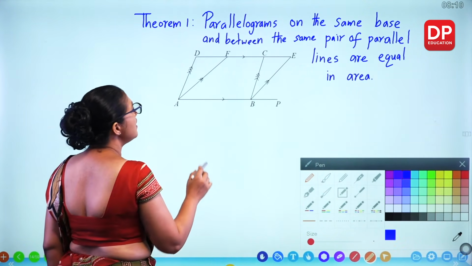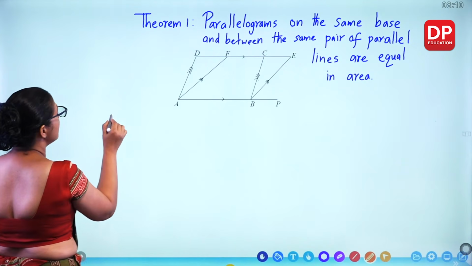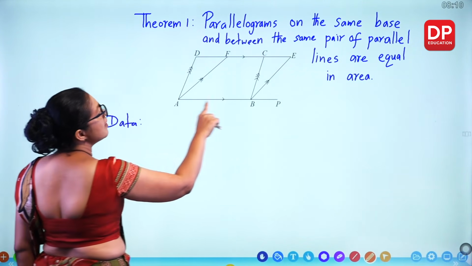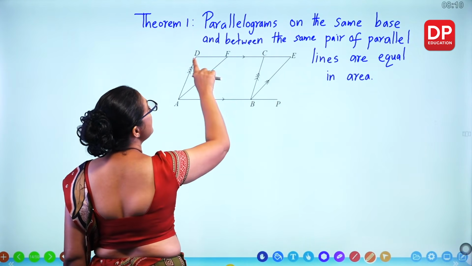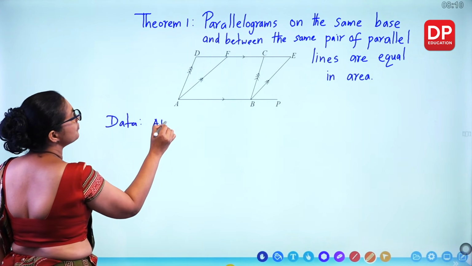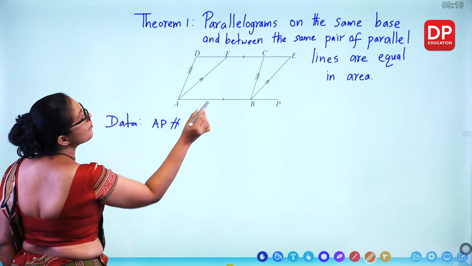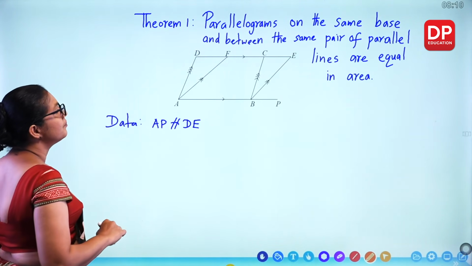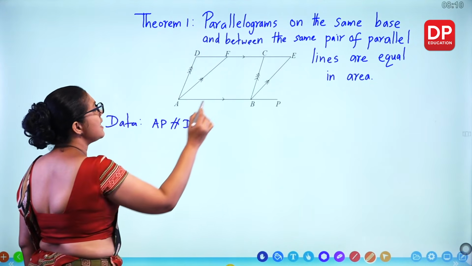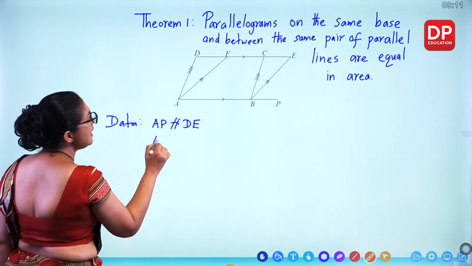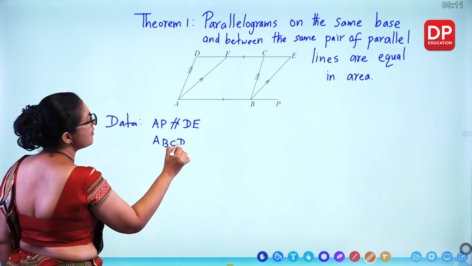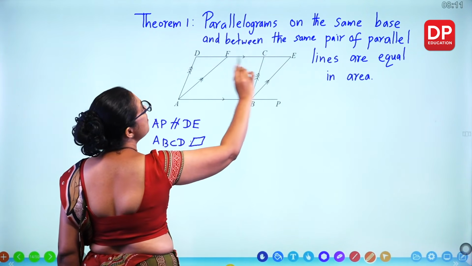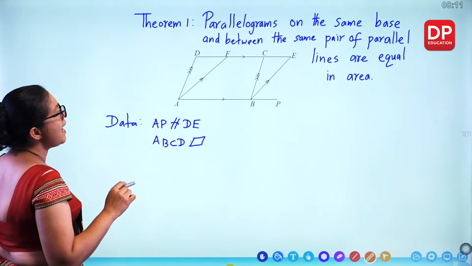In this diagram, it's given that line AP is parallel to line DE. And also we can see ABCD parallelogram, this parallelogram, and the other parallelogram ABEF.